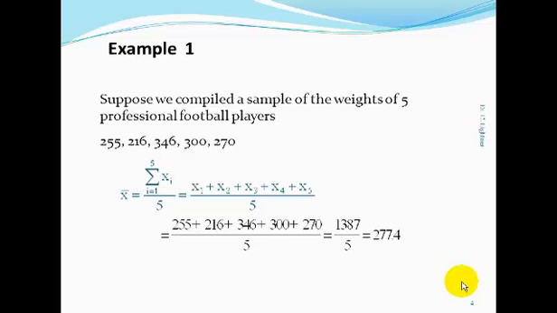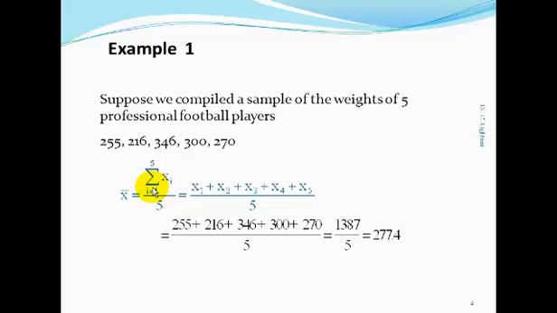Let's start by exploring this example where we have 5 football player weights. Often, when we see this summation symbol, it will not have indices on the bottom or the top. When those indices are present, it tells you exactly which elements to sum. If these indices are not present, it means sum all of your elements.